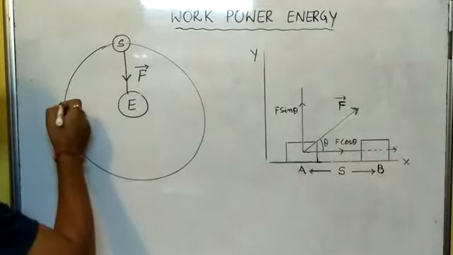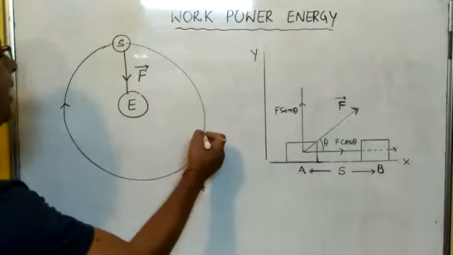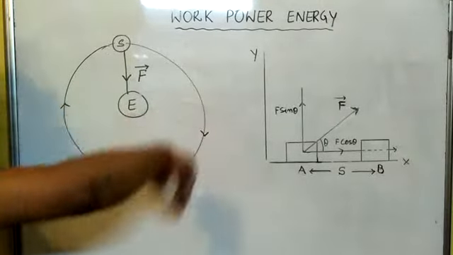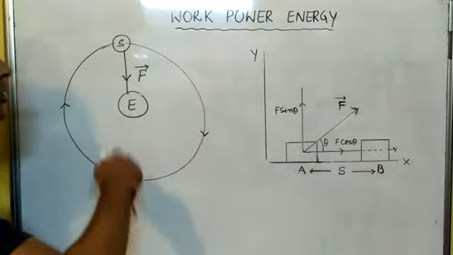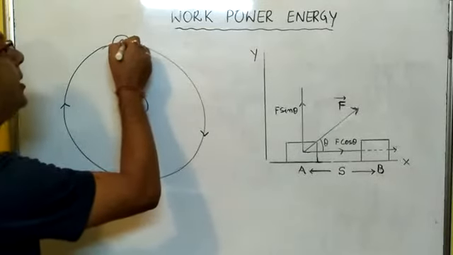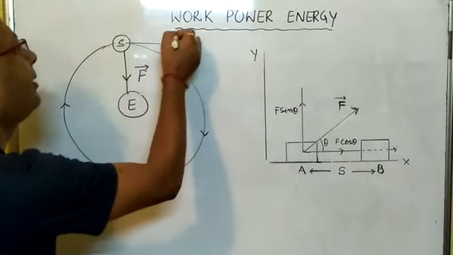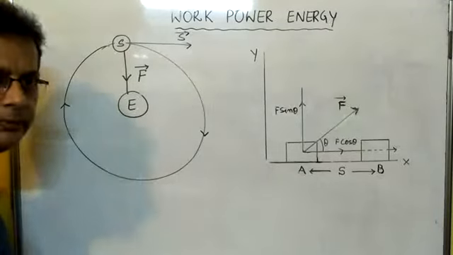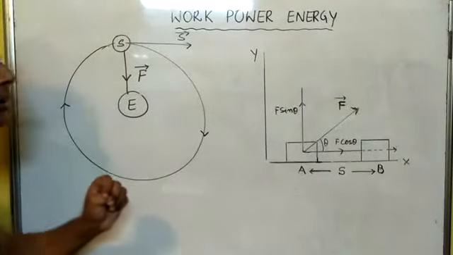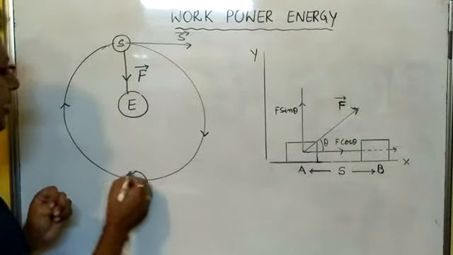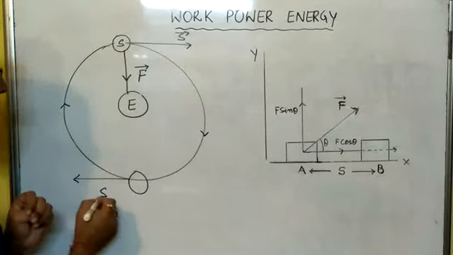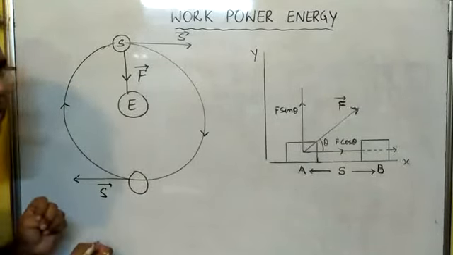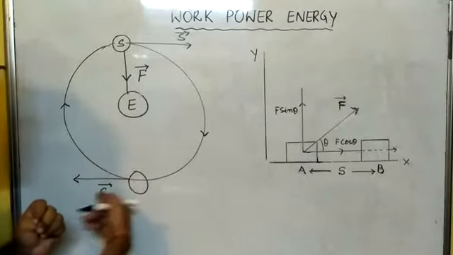When the satellite moves in the clockwise direction, at any point the displacement is given by the tangent. So you just draw a tangent.